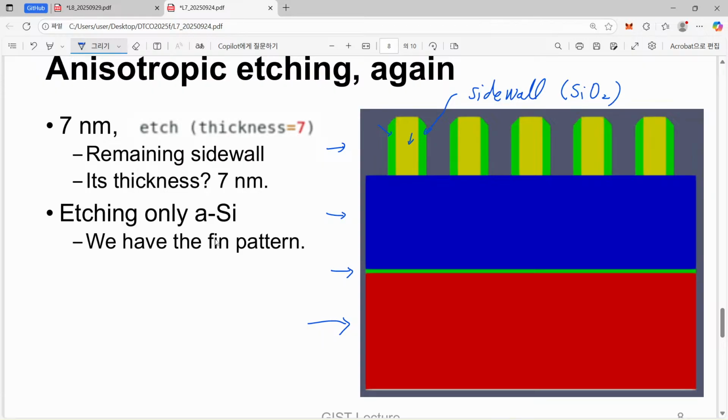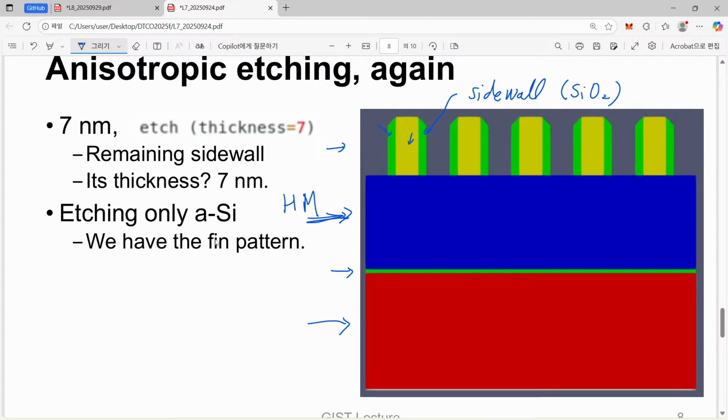Maybe you can find that we have intentionally introduced different materials for different layers, and maybe you can ask me this question: the sidewall attached to the mandrels and the pad oxide, both of them are the same silicon dioxide. Yes, we have the same silicon dioxide here and there. However, they are well separated by this hard mask, so we can use them separately.